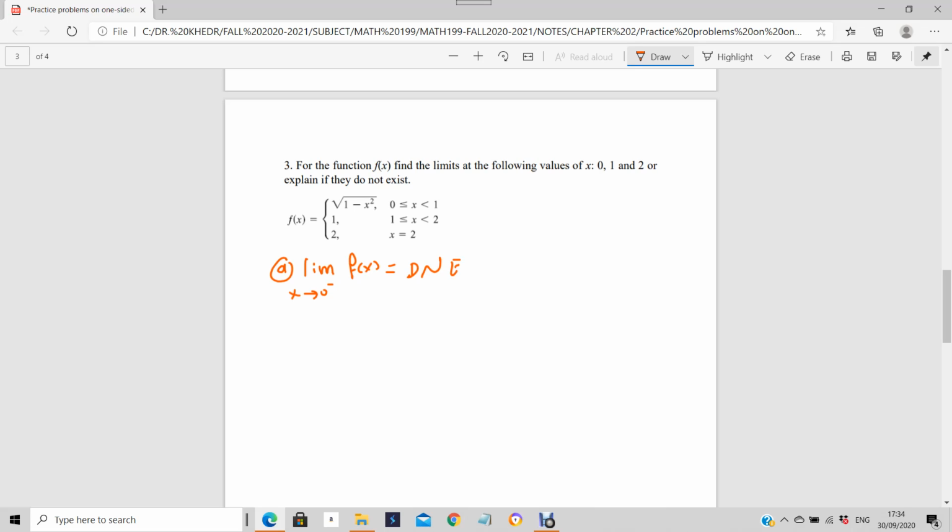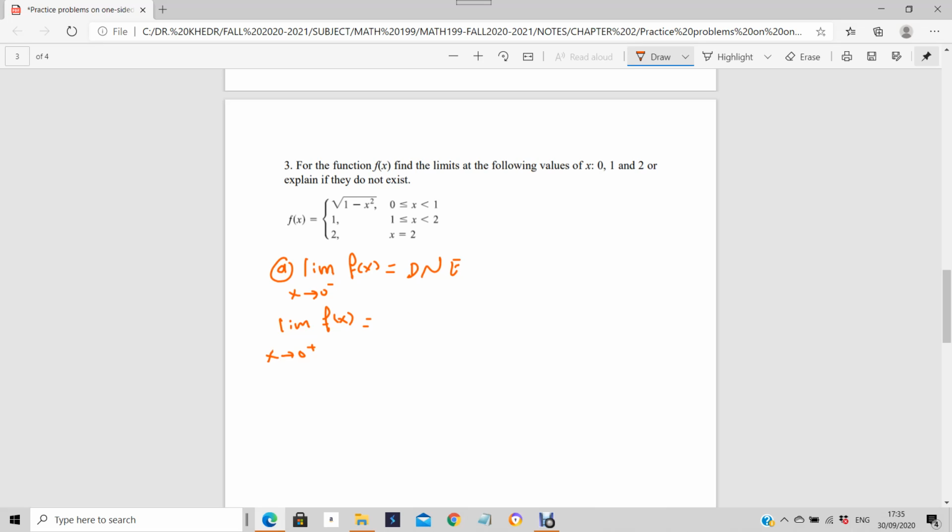Okay? The limit of the function as x goes to 0 from right side means greater than 0. We have to follow this equation. F of x equals the square root of 1 minus x squared, because this is valid for values of x that is greater than 0 and less than 1, just greater than 0.